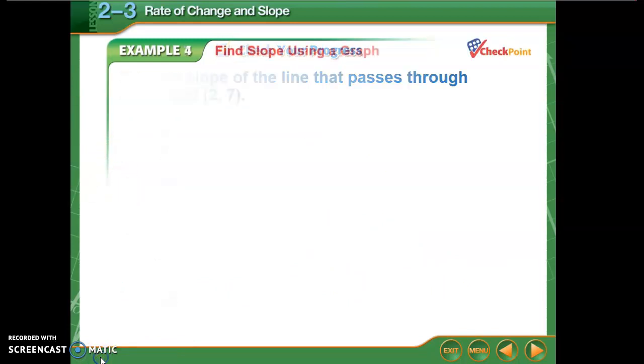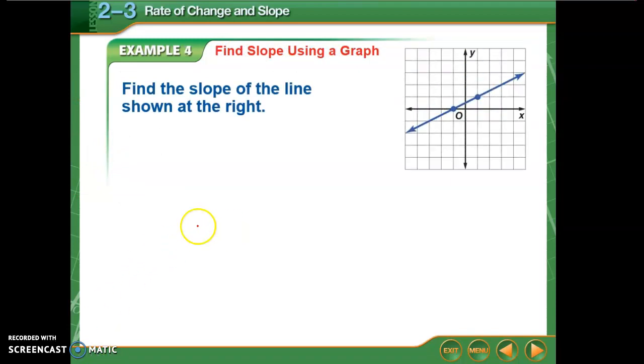All right, let's continue. So this time you're going to find the slope using a graph. So this time I'm giving you the graph. So find the slope of the line. So one way of doing this is just follow the other way of finding the slope, which is rise over run equals slope. So we will just do it by counting. So identify your first point.